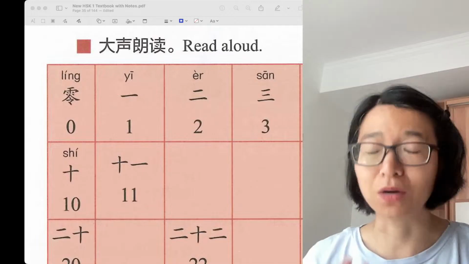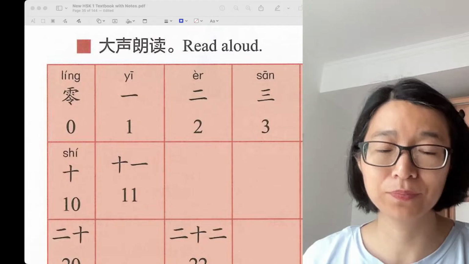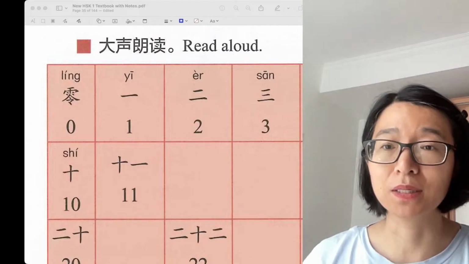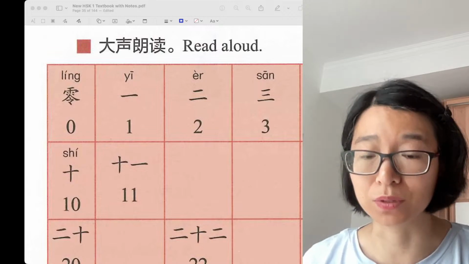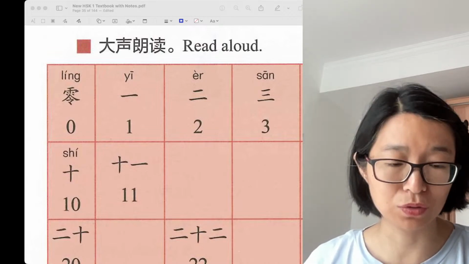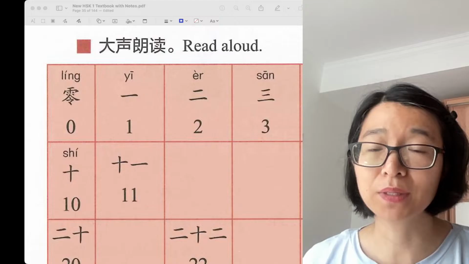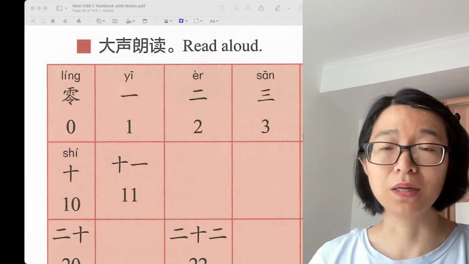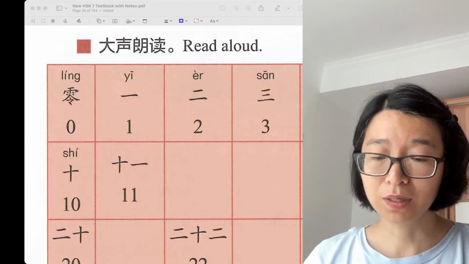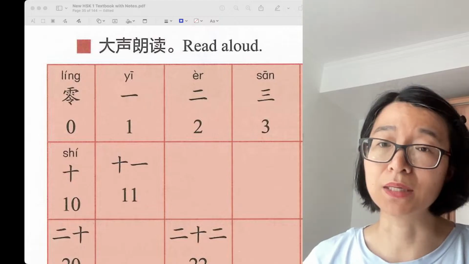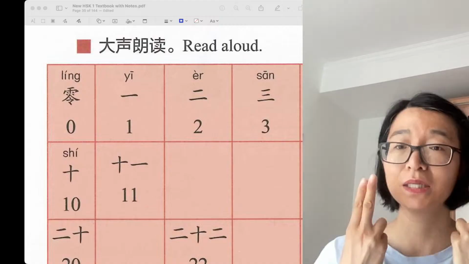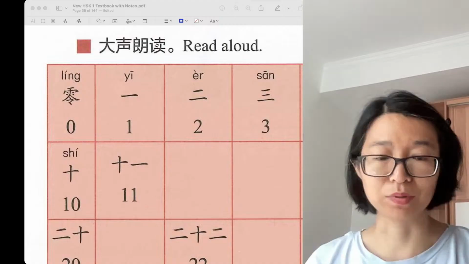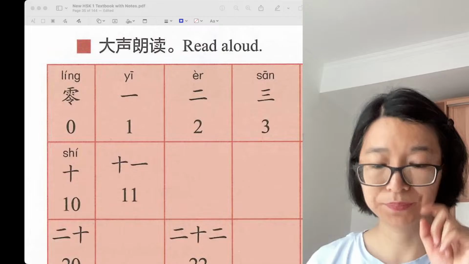Okay, now let's continue to count 12. We just mentioned the logic. 12 is 10 plus 2, so we just say number 10 and 2. How to say 10? 十. And number 2, 二. Okay, so 12, that is 十二. Number 12.